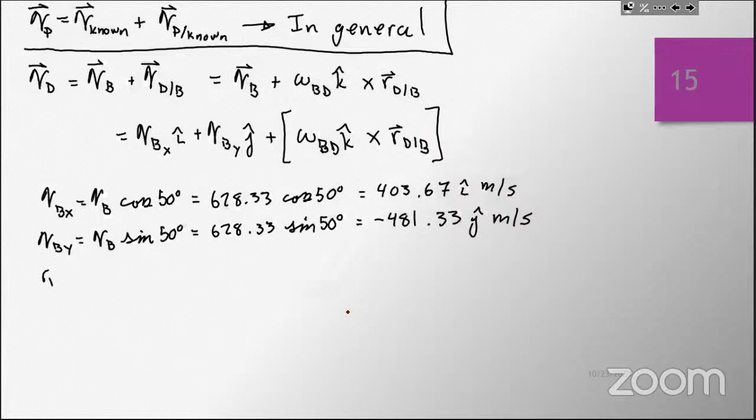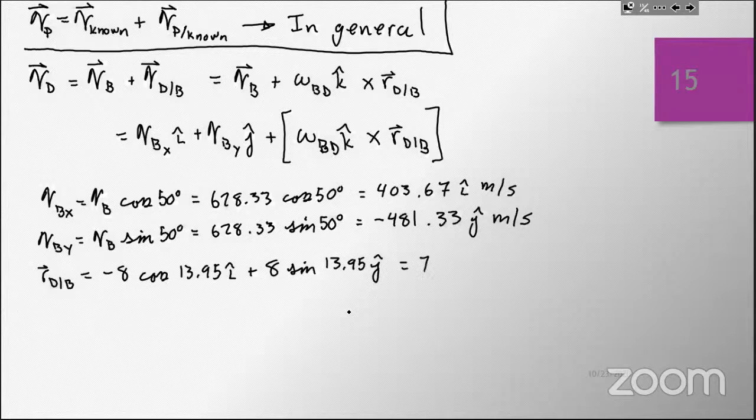So r of D with respect to B gives me negative 8 cosine 13.95 in the i plus 8 sine 13.95 in the j, which would be 7.76 i minus 1.93 j.